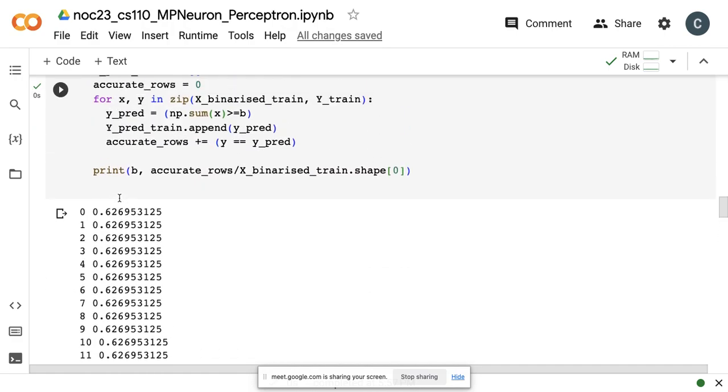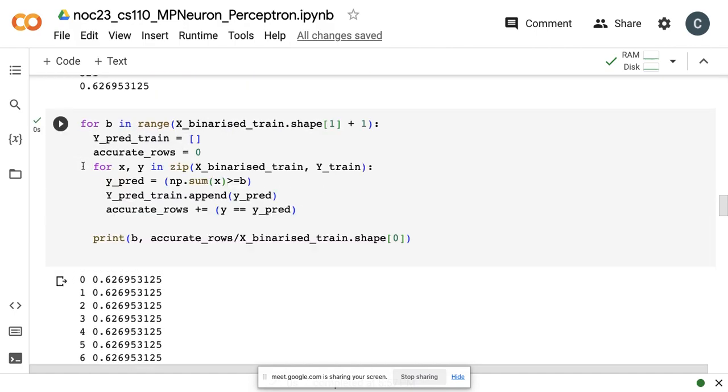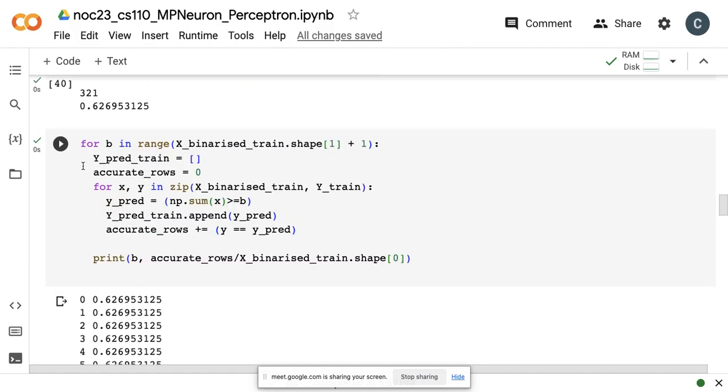The threshold value will be either 0 or at most the number of features present in the data set, because MP neuron is a simple neuron. In this case the number of features is 30, so you can't have b equal to 35 as a threshold because you don't have that many features. So you have to see the link between the number of features and the b value; we are going between 0 and 30 in this data set.